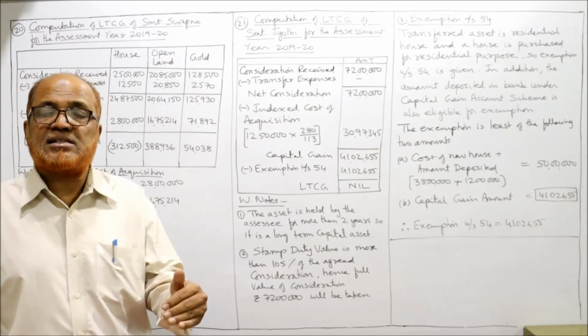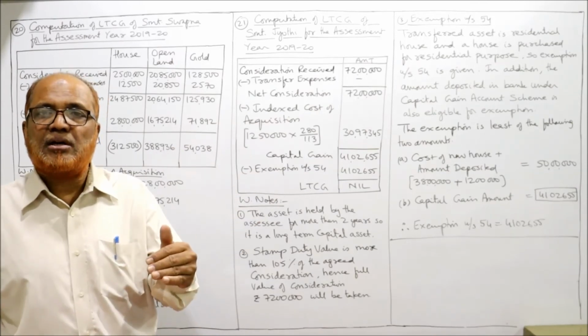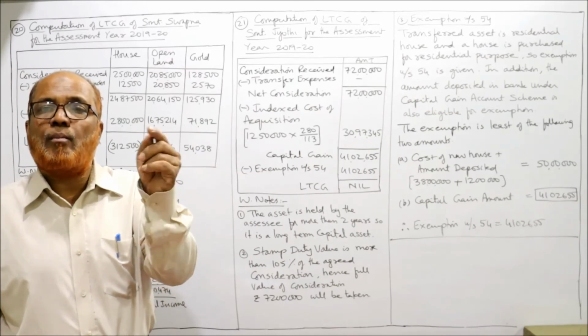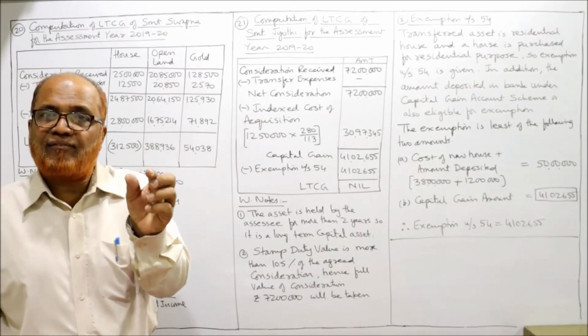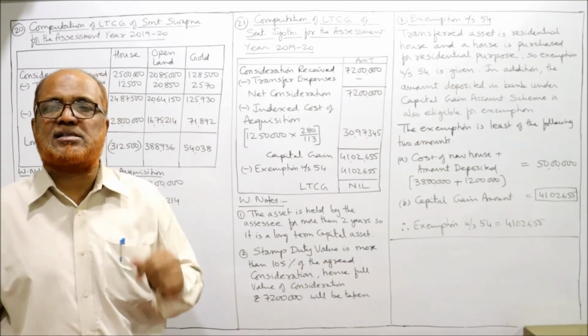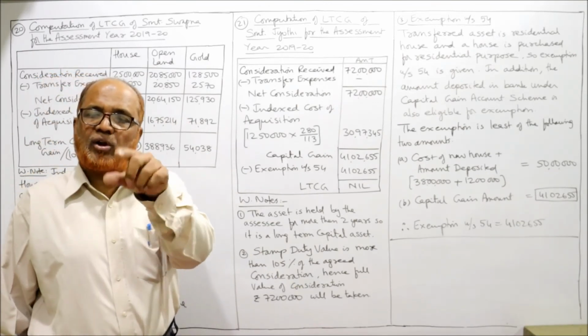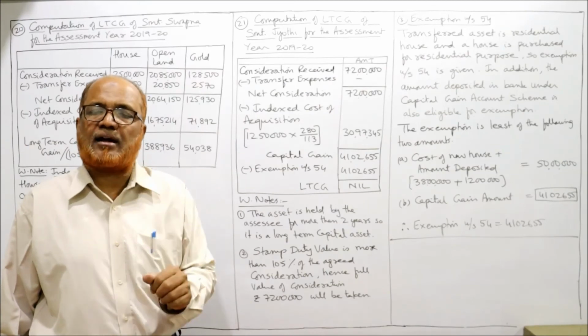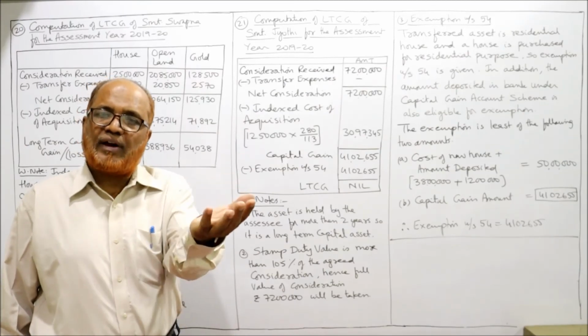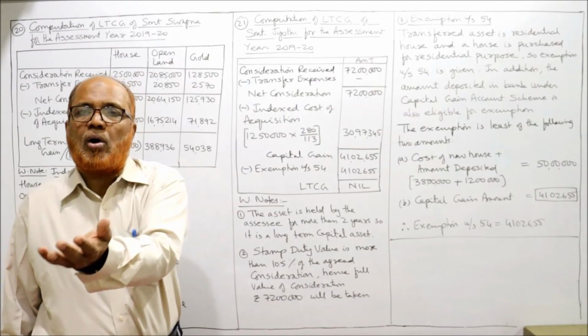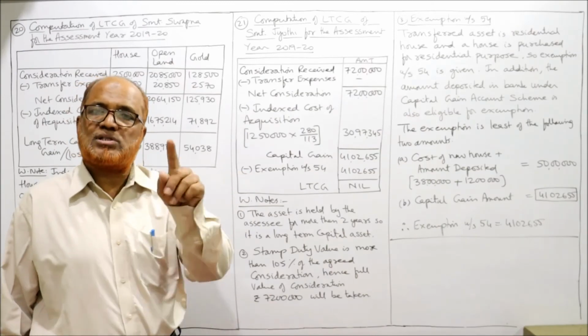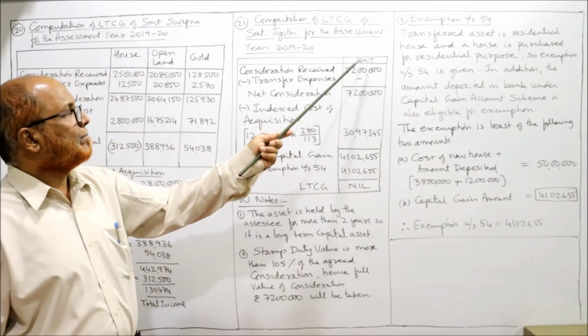We are taking 72 lakh because the government valuation is more than 105% of actual consideration. 105% of 60 lakh is 63 lakh, and government valuation is 72 lakh, so you should take 72 lakh.